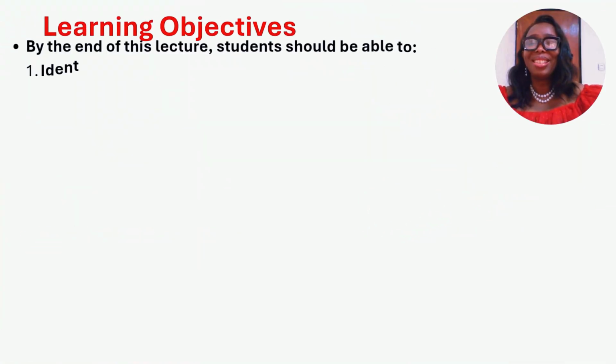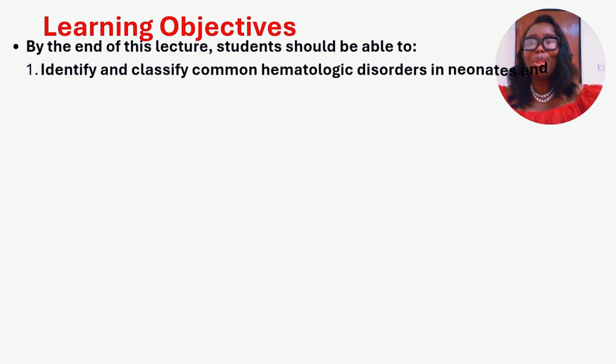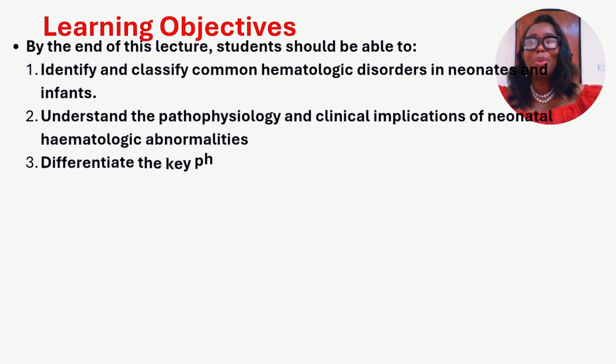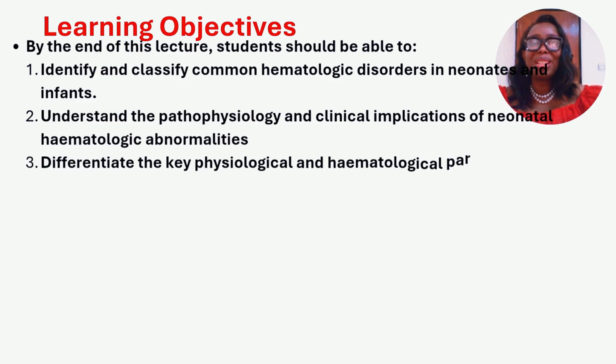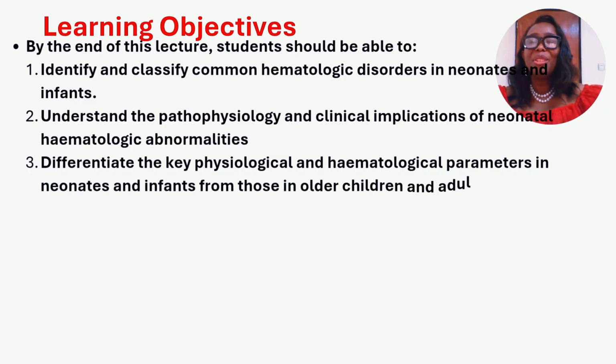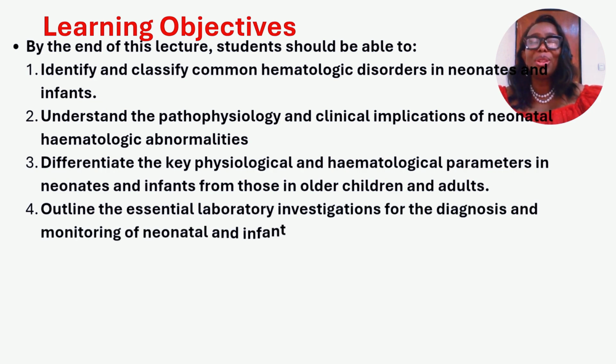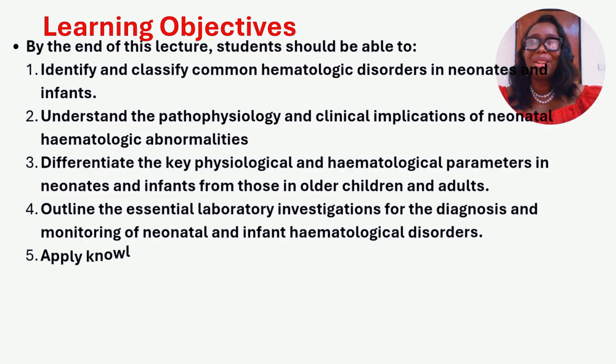Learning objectives. It is expected that at the end of this lecture, you should be able to identify and classify common hematologic disorders in neonates and infants. You should also be able to understand the pathophysiology and clinical implication of neonatal hematological abnormalities. Differentiate the key physiological and hematological parameters in neonates and infants from those in older children and adults.